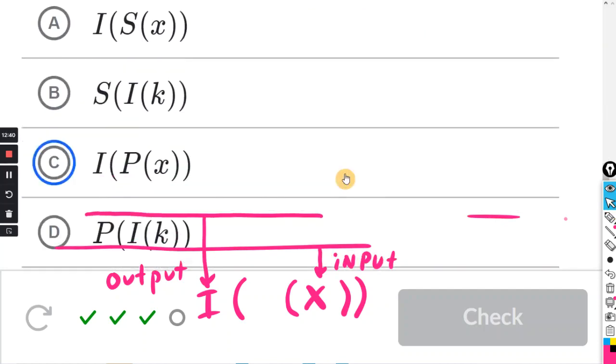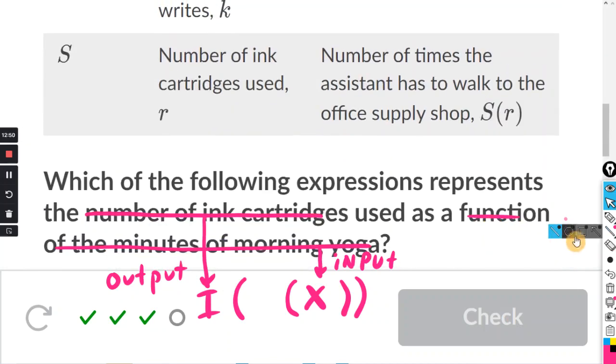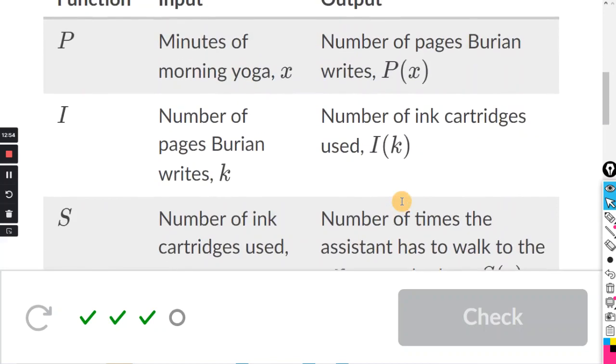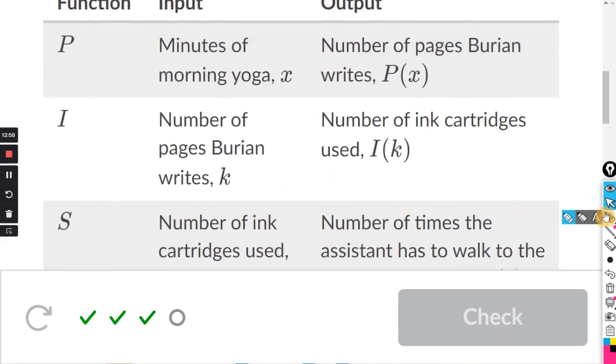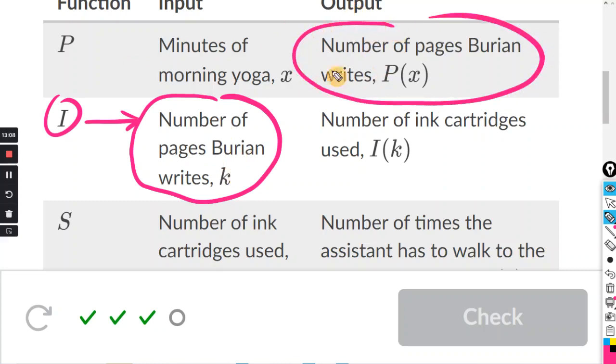Unfortunately, there's I of S of X and I of P of X. Let's see which one gets plugged in for I. It's actually pretty easy. Here's I. The input for I is the number of pages Burian writes. And right here is the output for P, the number of pages Burian writes.